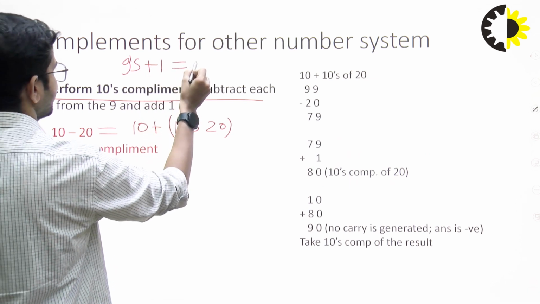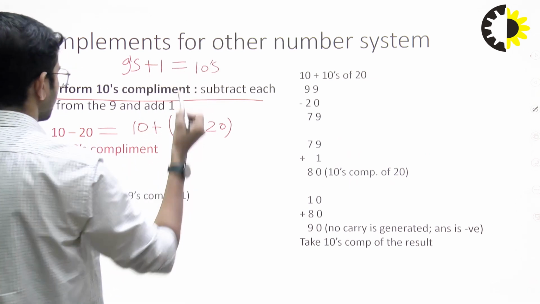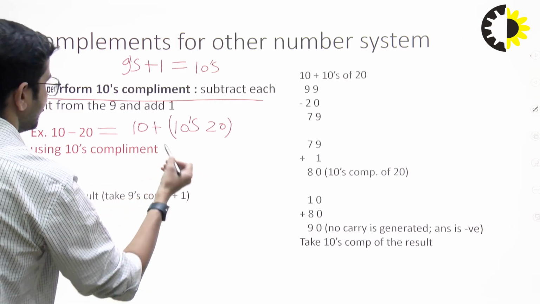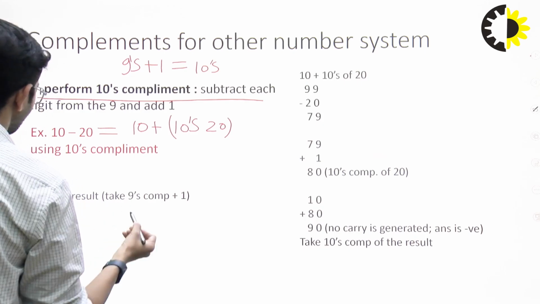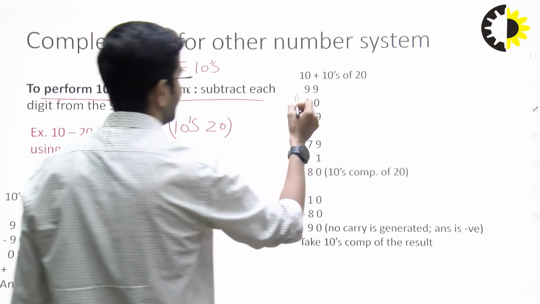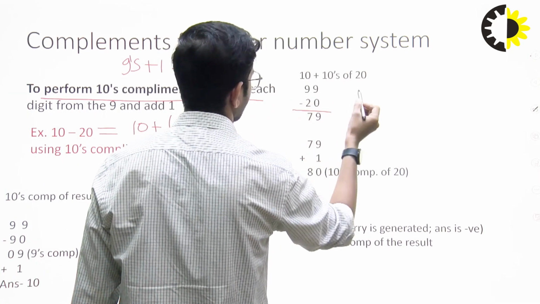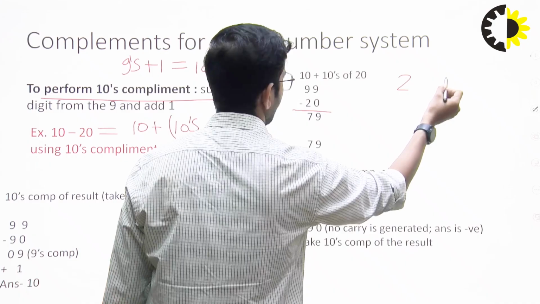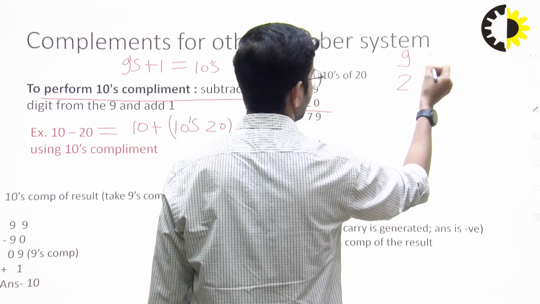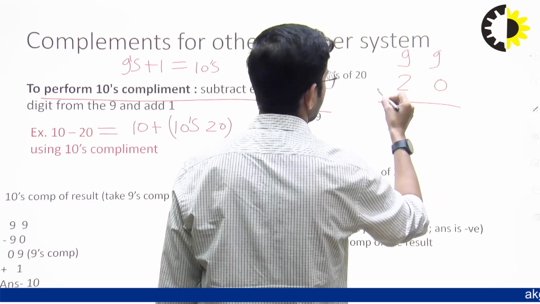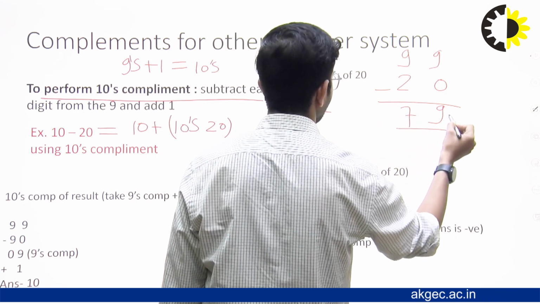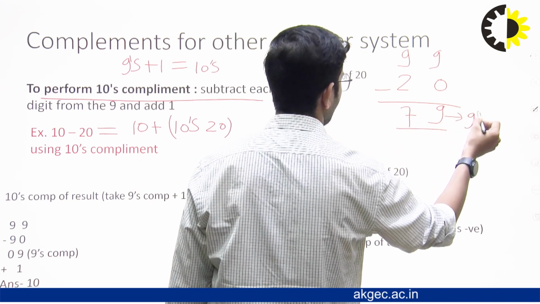So for the 10's complement of 20, first we take the 9's complement: we subtract each digit of 20 from 99. 9 minus 0 is 9, 9 minus 2 is 7, so 79 is the 9's complement of 20.